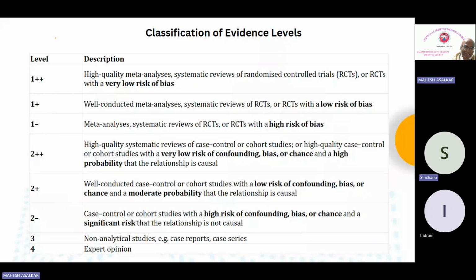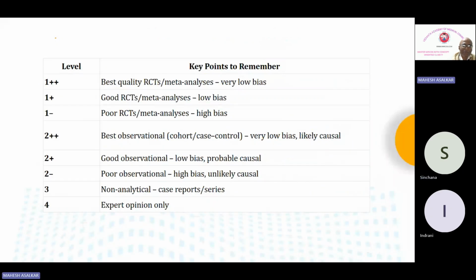Yes, sir. So now how to remember? 1 plus plus, best quality RCT and meta-analysis with very low risk of bias. Here again RCT and meta-analysis, good RCTs and meta-analysis, low bias. Here it is poor RCTs, meta-analysis, high bias. Now coming to the 2 plus plus, these are case control and cohort or observational studies, but they are best, and very low risk of bias, likely causal.